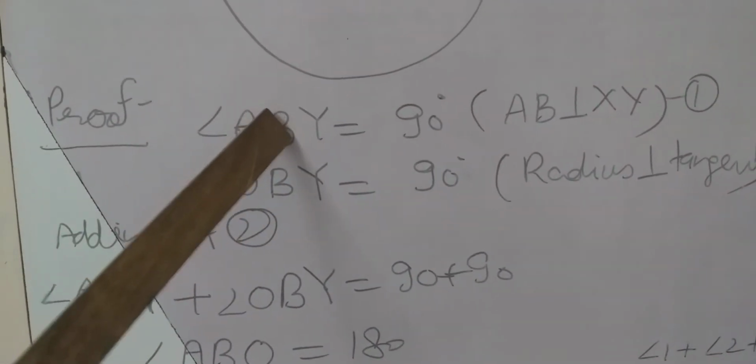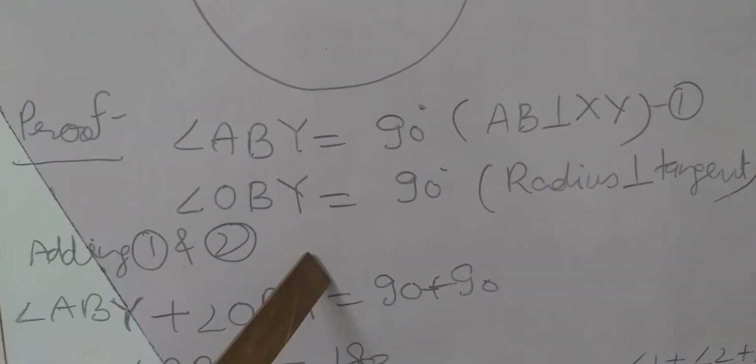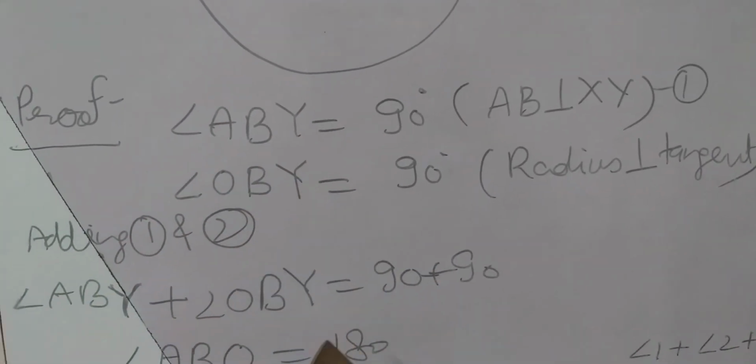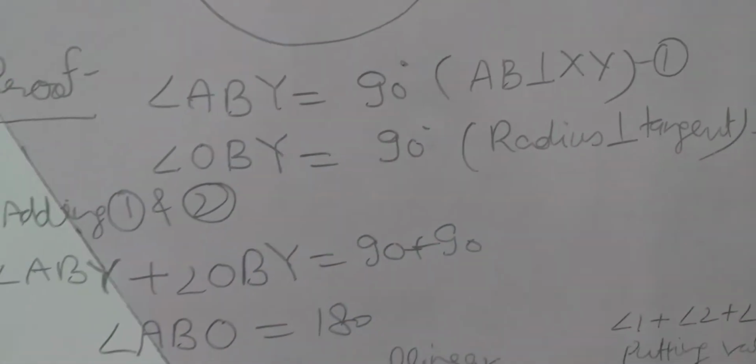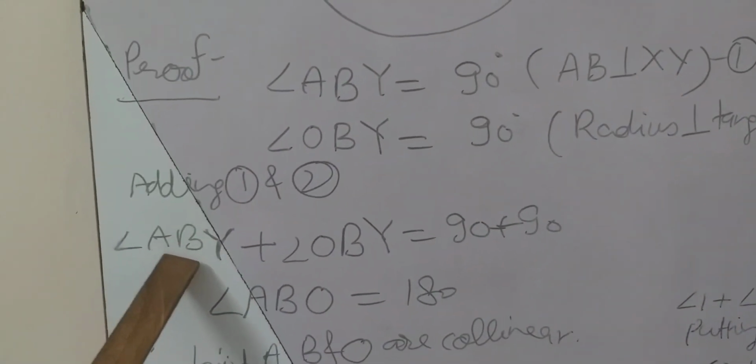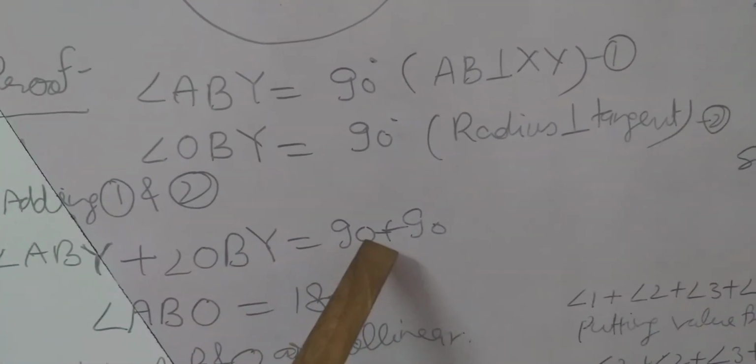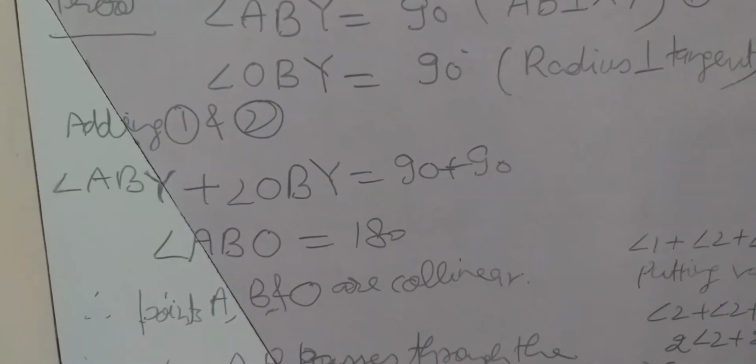Now we are going to add both the equations. Angle ABY plus angle OBY equals 90 plus 90.